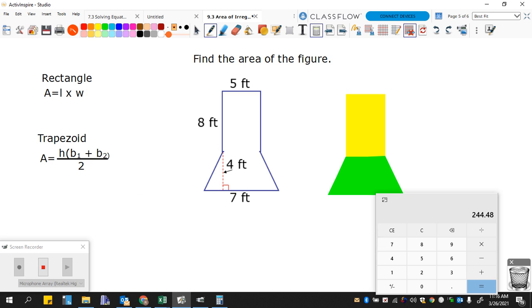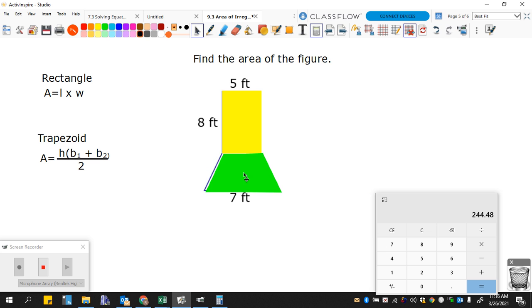Okay, so we can look at this. We could look at it as a long rectangle with two triangles, or what I did is I looked at it as a shorter rectangle and then a trapezoid.